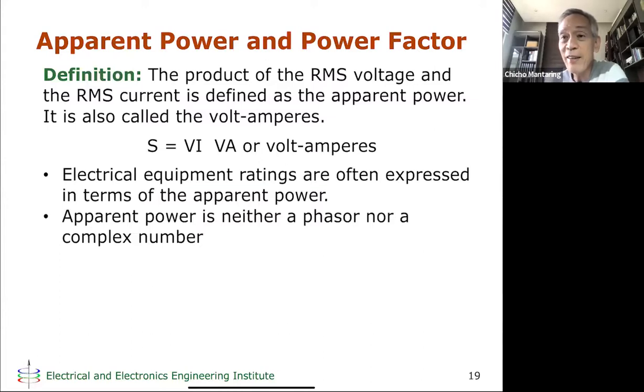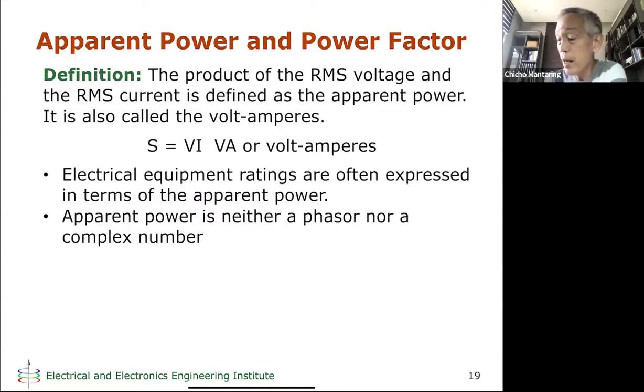Kung hindi ka electrical engineer, you tend to think that they are the same thing. I've encountered many people, engineers in other fields, for example, mga mechanical engineers, pag nakita nila yung volt amperes, nakita nila yung watts, they think it's the same thing. But actually, there's a difference. Pag watts, that is real power. Pag volt amperes, that is apparent power.